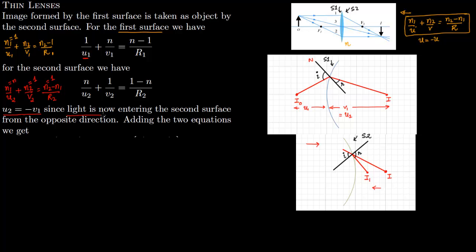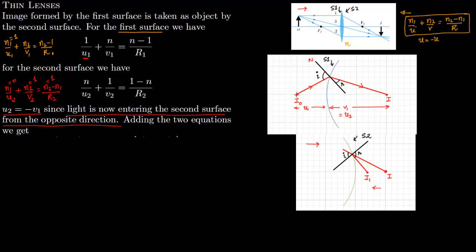So you can say light is now entering the second surface from the opposite direction, because you have to look at this image first and then you go to I1. But this is not the only way to look at it, because initially the object is here and then the light comes out here. You can say that the light is always traveling from this direction to this direction. So how do we look at it?